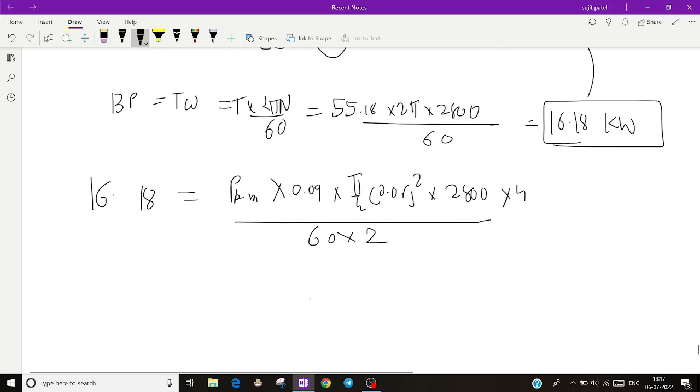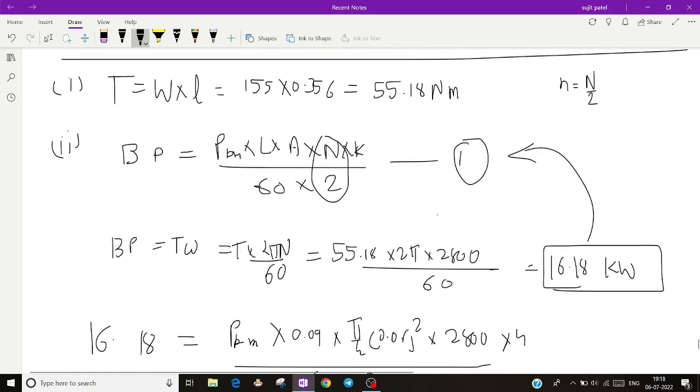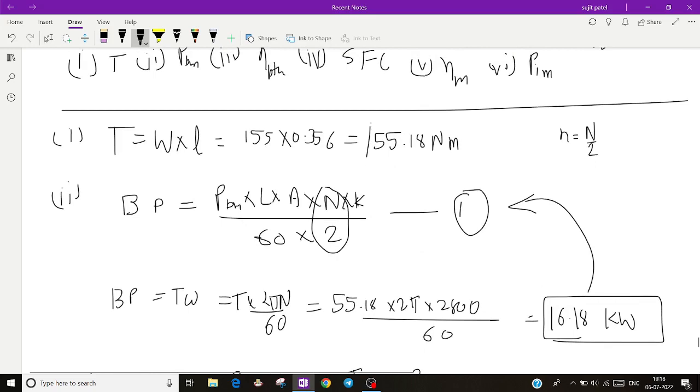When you solve this, you will get the brake mean effective pressure as 6.81 bar. Generally you have to substitute in bar, 6.81 bar, and that's the answer of our second question. This is the answer of the first question that they asked.